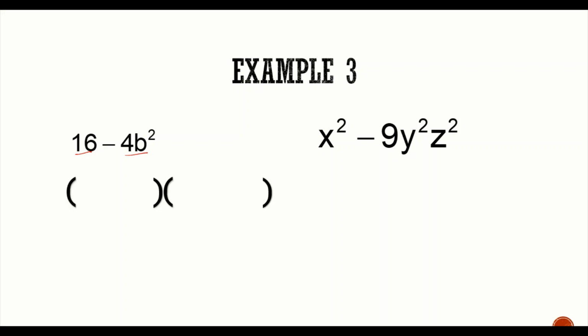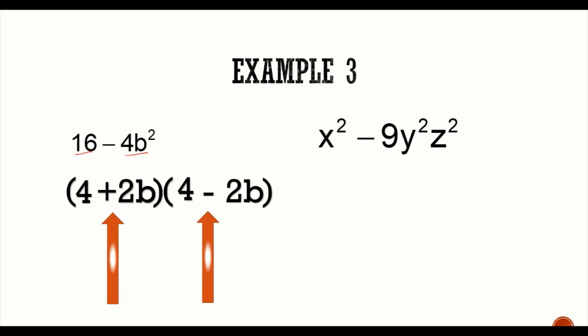So you have a difference of two squares, you open two brackets, 4 times 4 will give you 16, 2b multiplied by 2b will give you 4b squared. So you have a plus, you have a minus, the signs are not the same.